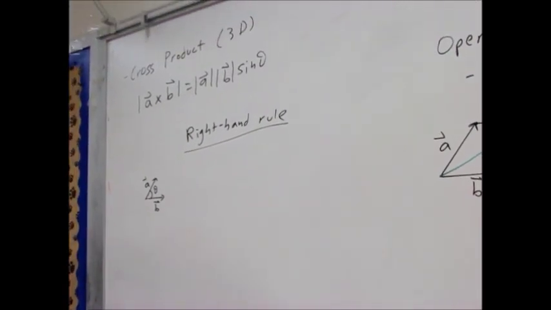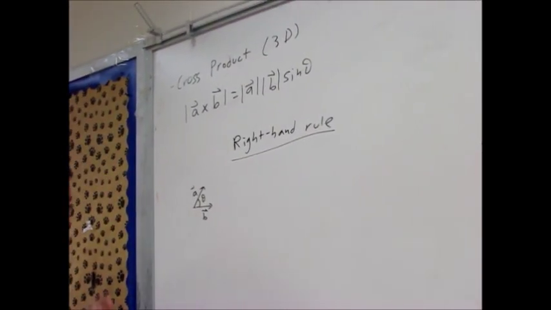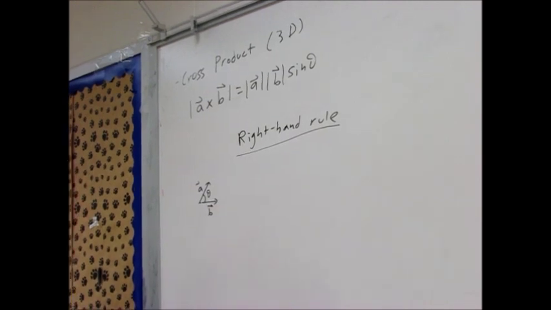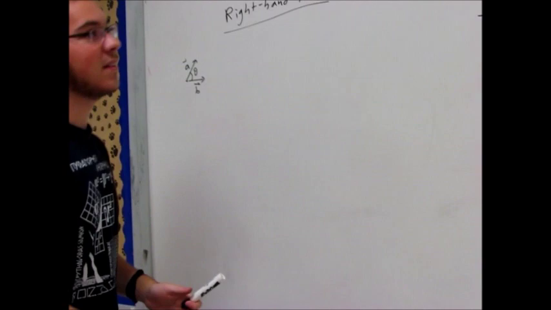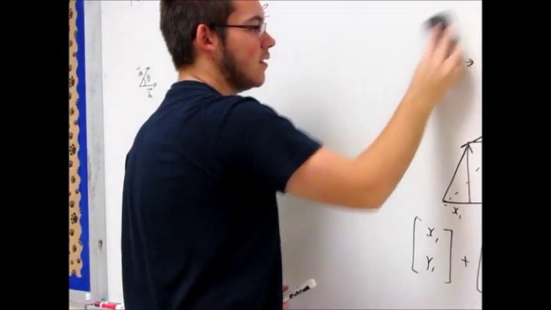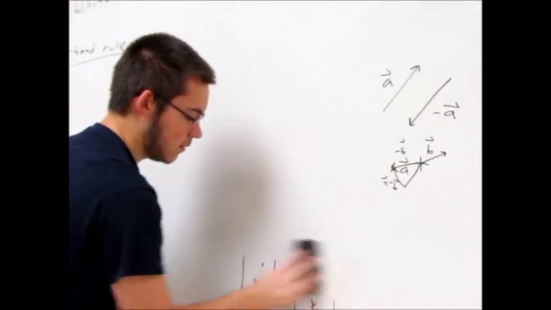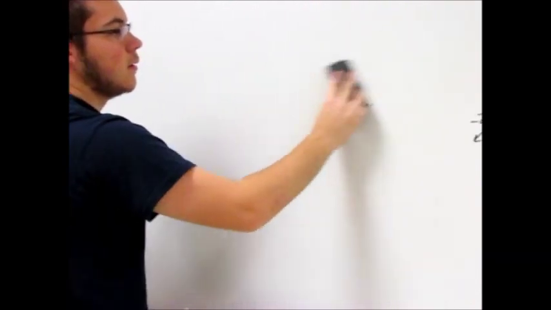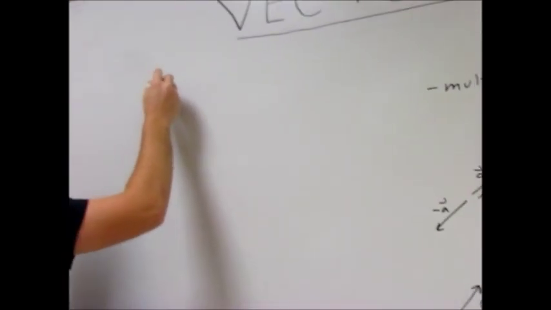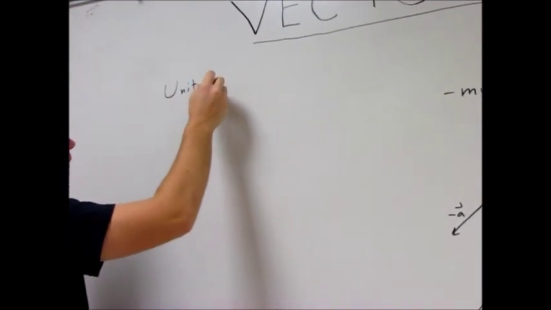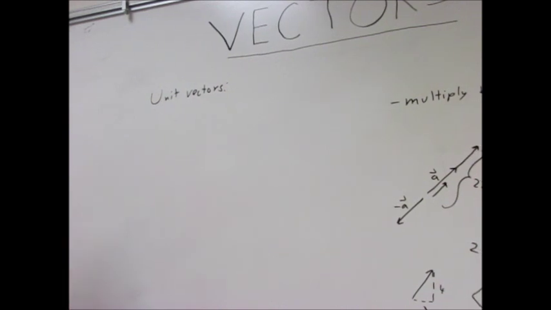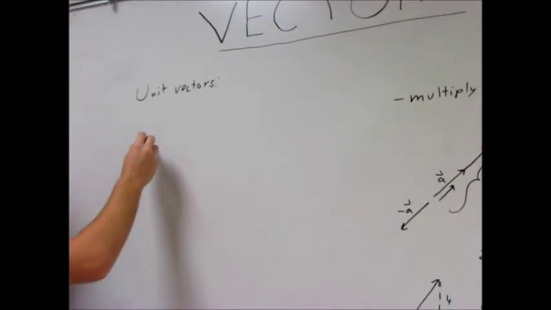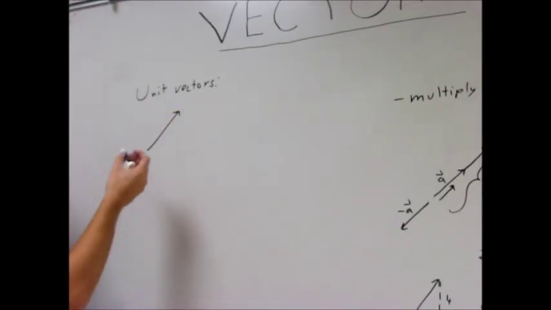But first I want to take a side note here, a little bit of digression, to talk a little more about unit vectors. As I said, vectors have a length, a magnitude, and a direction.